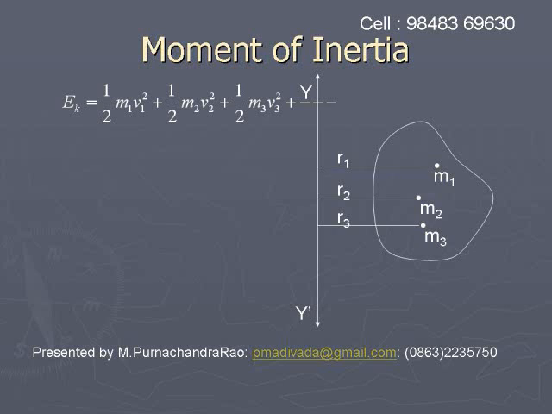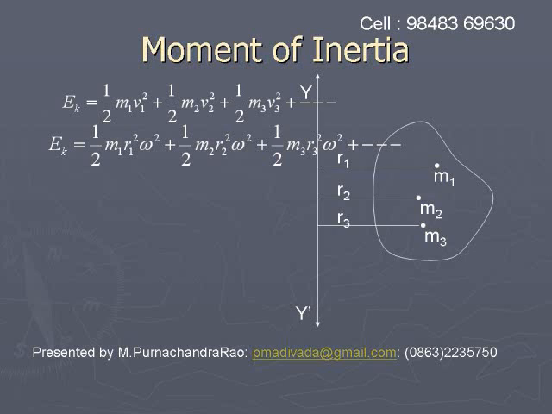So Ek is equal to half m1 v1 square plus half m2 v2 square plus half m3 v3 square plus so on.